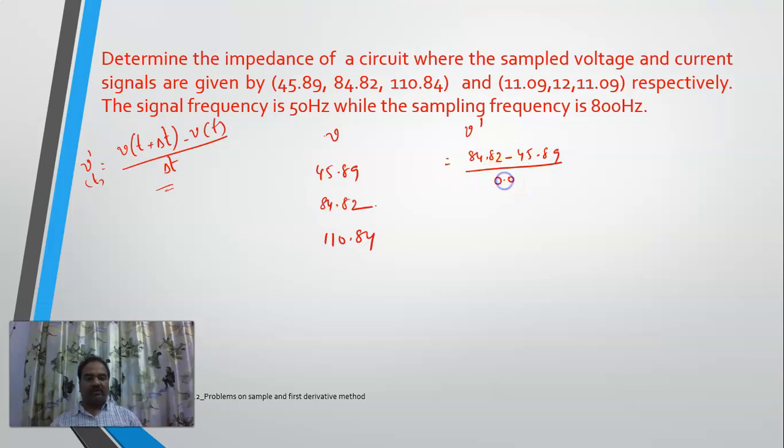Delta t is 0.00125. For the next case, it is 110.84 minus 84.82 divided by 0.00125, and for the last one there is no next value, so I'll skip this one. If I solve this, let's try this with a calculator.